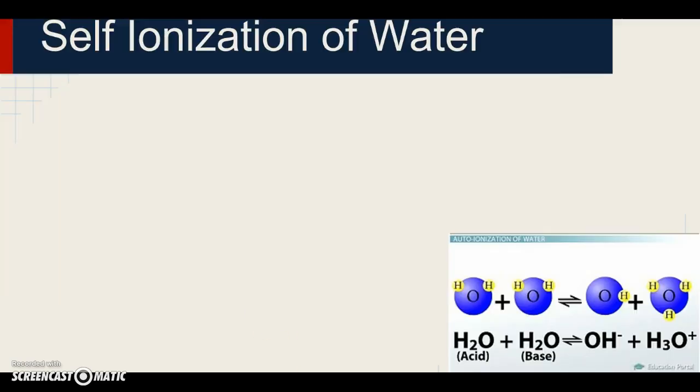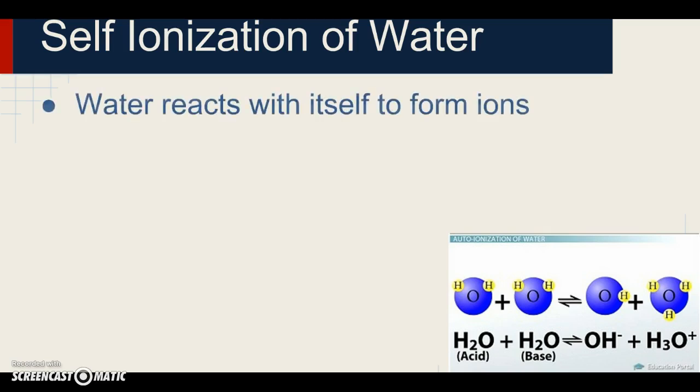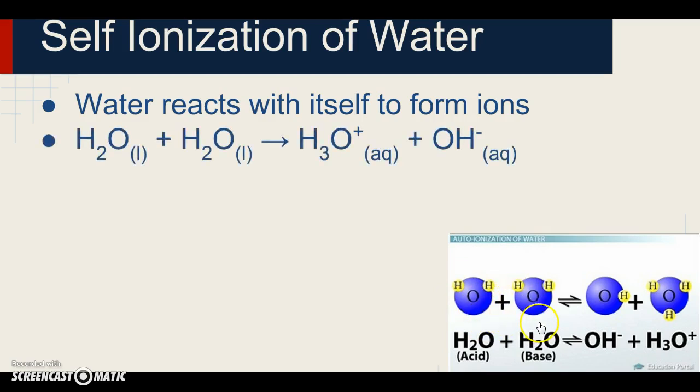to look at. So the first thing you've really got to understand with this is we've talked about how things ionize when we throw them into water, but it turns out that water actually goes through a process called self-ionization. At a very, very low level, a water is going to react with another water in order to form hydroxide and a hydronium.